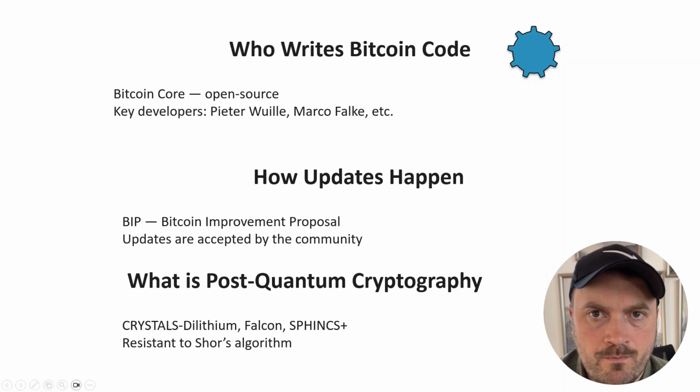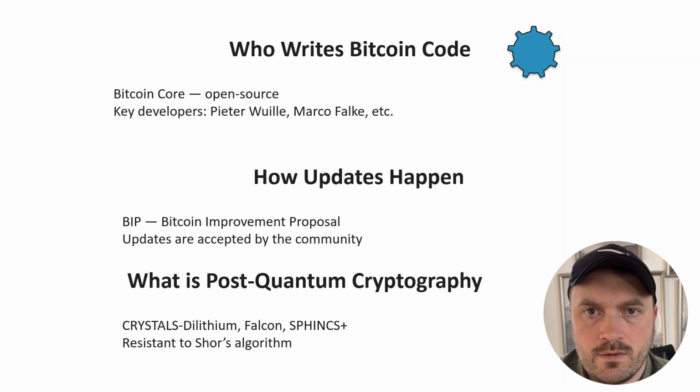Among them, first one, CRYSTALS-Dilithium, a digital signature algorithm based on lattice mathematics, fast, compact, and already selected by NIST as a primary post-quantum signature standard. The second one, Falcon, also based on lattices but uses more complex mathematics and is more compact in size.